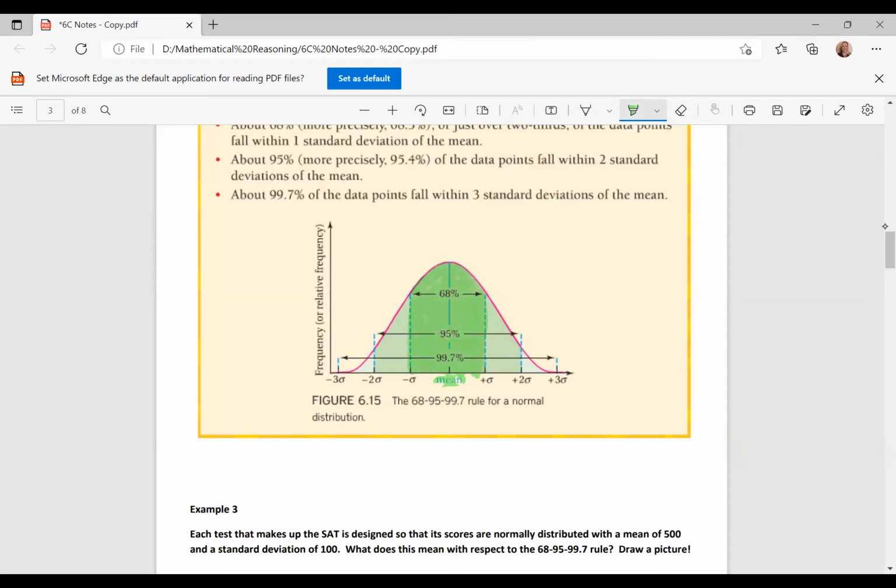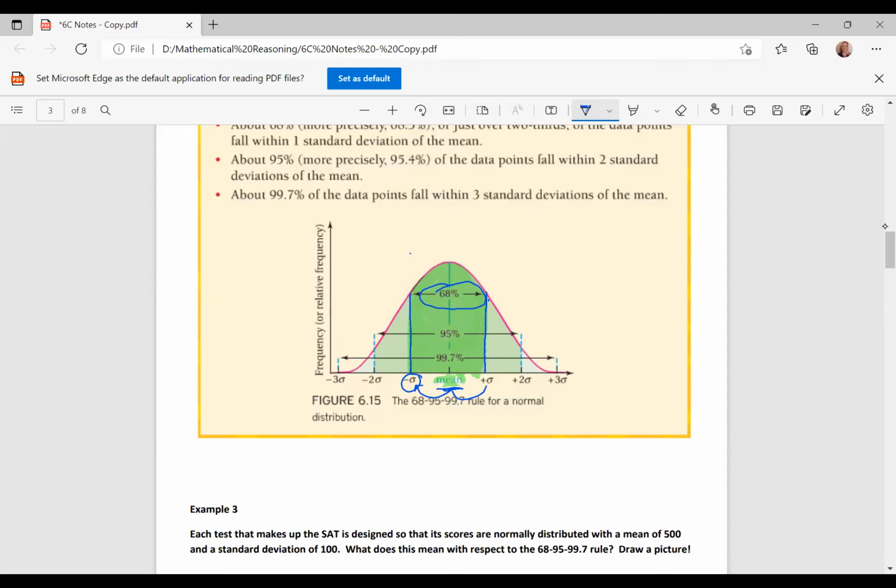And then we've got this dotted line. We've subtracted one standard deviation to get here, and we've added one standard deviation to get here. And what it's saying is in this dark green area, 68% of our data points are included.